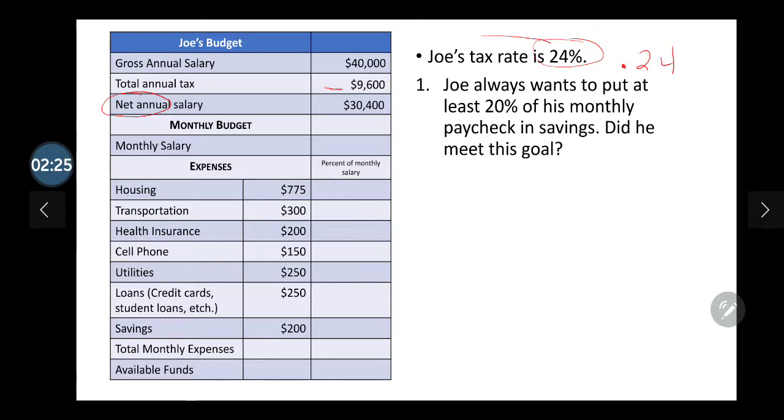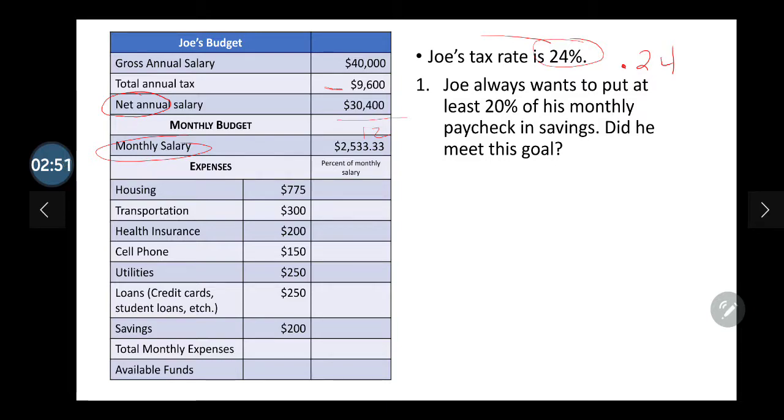Now they want us to determine his monthly salary. To do that, we divide the $30,400 by 12 because there are 12 months in a year. When we do that, we find out that Joe brings home $2,533.33.